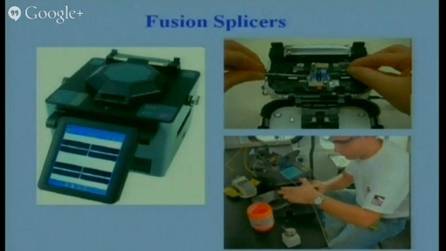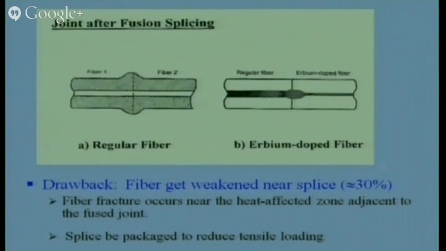At the end, it will give how much is the loss at the joint. There is a sensor which will measure the loss in the joint. Maybe 0.05 dB or 0.08 dB or 0.02 dB. It all depends how you process the joint. So splicing machines are there.